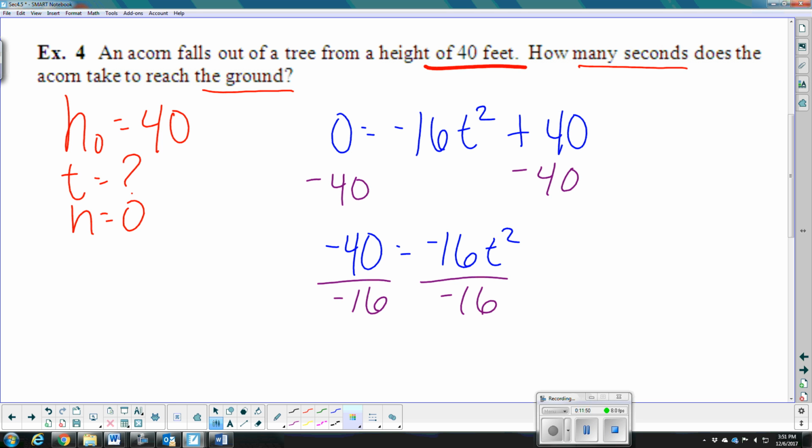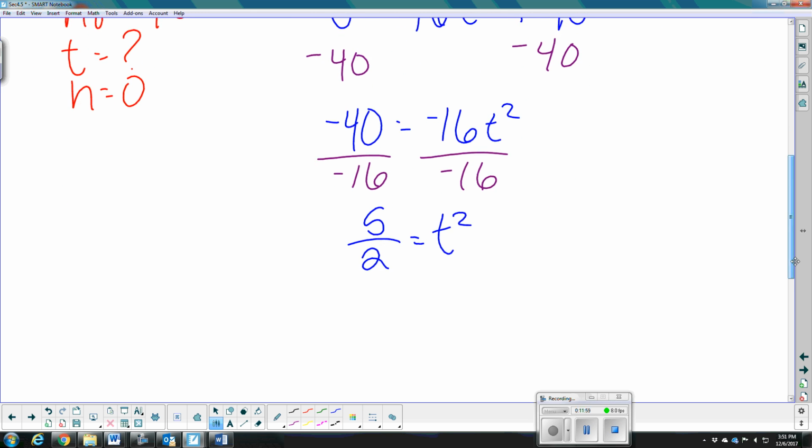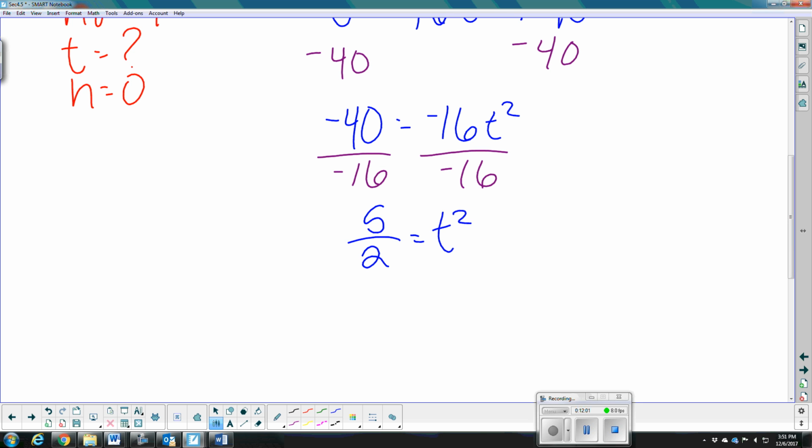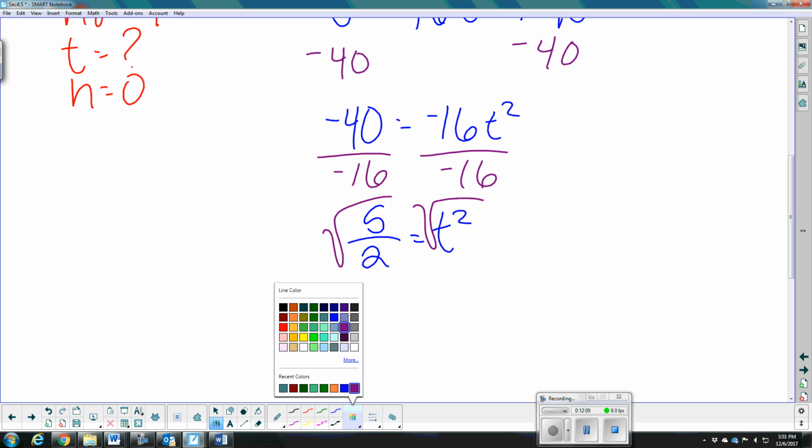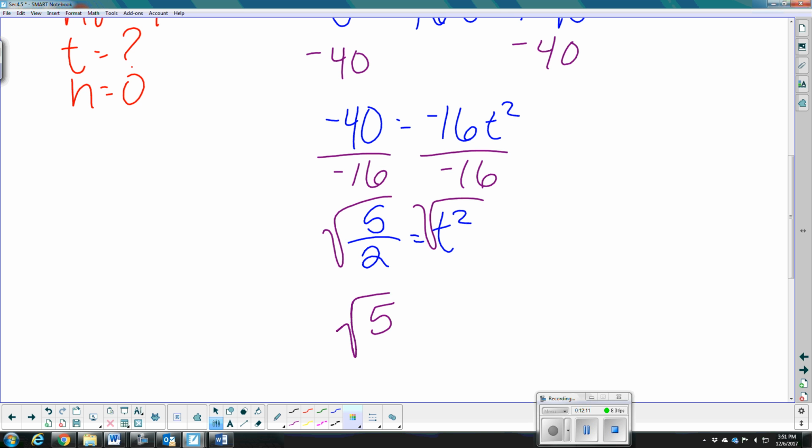And we get 5/2 equals t squared. Now we can take the square root of both sides. So our answer is the square root of 5/2 equals t.